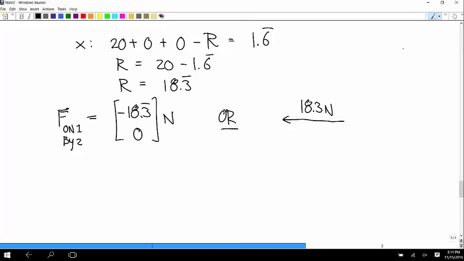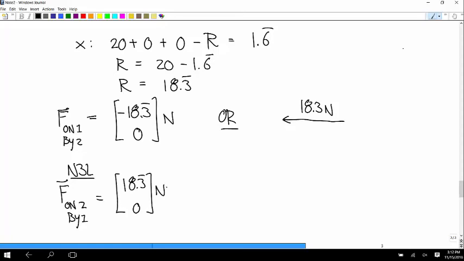Now that we know the force on 1 by 2, Newton's third law says the force on 2 by 1, there's sort of two ways you can think about this. First, you can just switch the signs of all the components. So that's 18.3 repeating, negative 0, that's still 0.